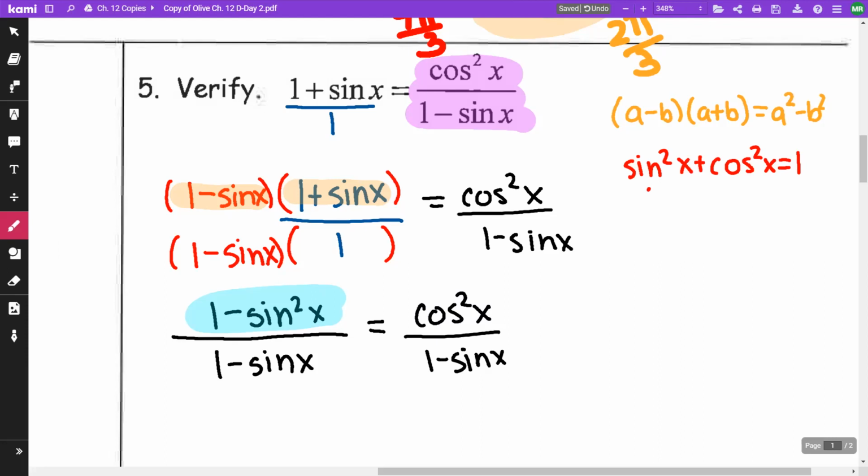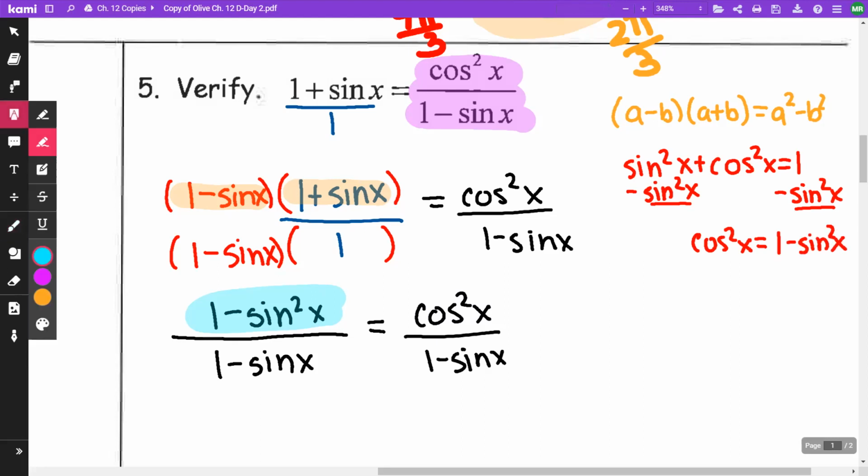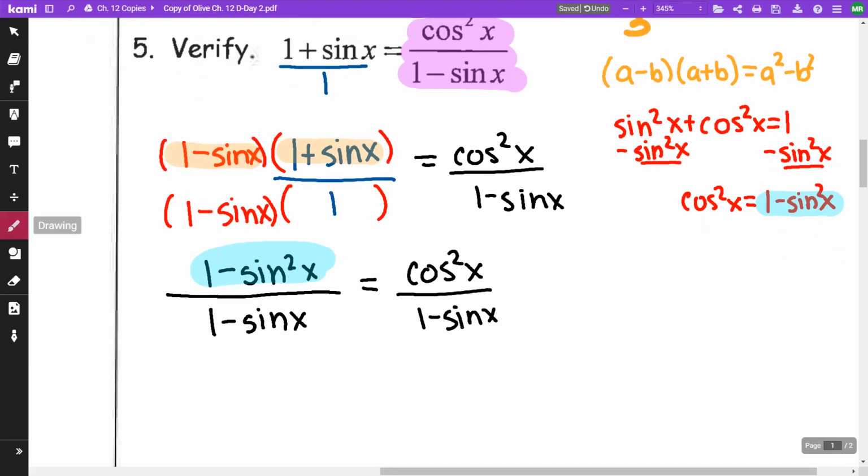So if I subtract sine squared x from this side and this side, I get that cosine squared x is equal to 1 minus sine squared x. And what we'll notice is that is the same as this. So in place of that, I'm going to write cosine squared x.